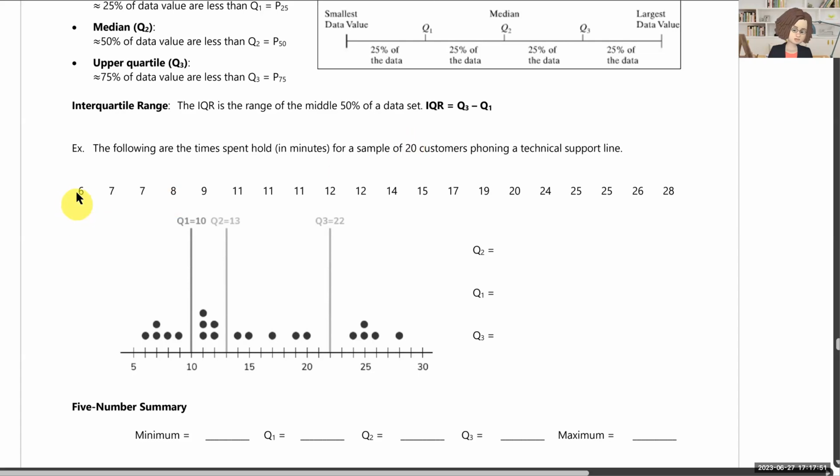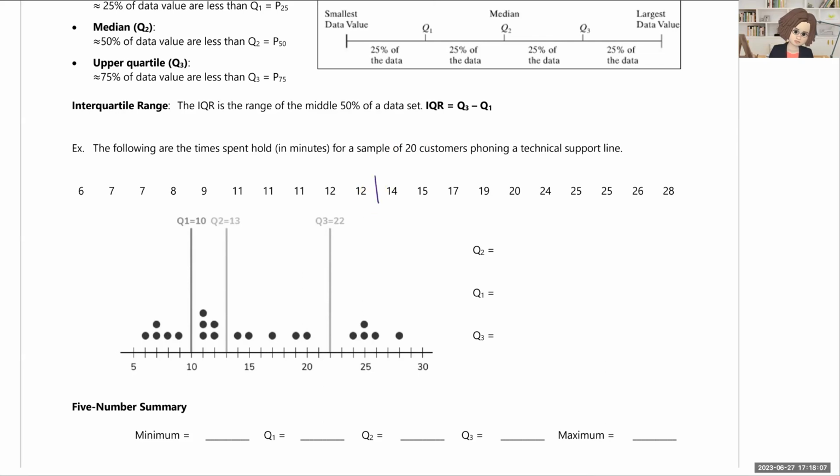If I count over 10 numbers, 1, 2, 3, 4, 5, 6, 7, 8, 9, 10, the median is between the 2 middle numbers. Remember, when there is an even number of values, the median will be between the 2 middle numbers. So that's our median, and that's also called Q2, the second quartile.